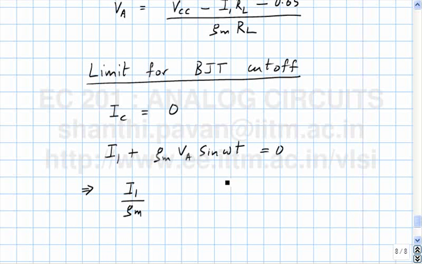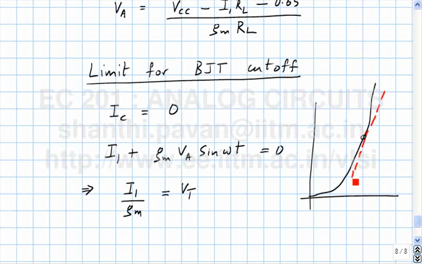The incremental base emitter voltage is reduced by Vt. Collector current will not go to 0. The tangent at that point is Gm, the slope. We are finding how much incremental voltage I must apply so that the current goes to 0. And based on this slope, this is only 25 millivolts.